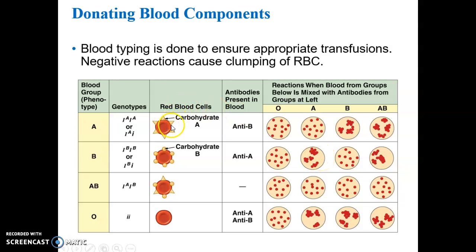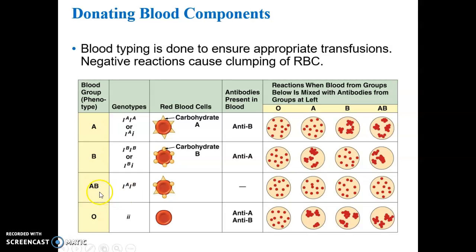Why? Blood type A, surface molecule A, if that gets introduced into patient B who has anti-A antibodies, which would attack the surface molecules on blood type A, but also surface molecules on blood type AB. Notice here, AB. So patient B, blood type B, can only accept blood from blood type O individuals and blood type B individuals.